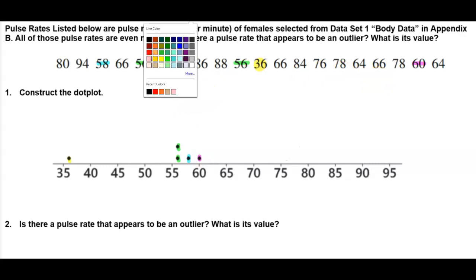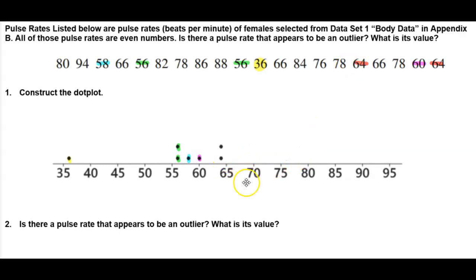Okay, and then the next one after 60 is 64, and then we have another 64. So we have two right before 65. Therefore, there are our dots for 64.